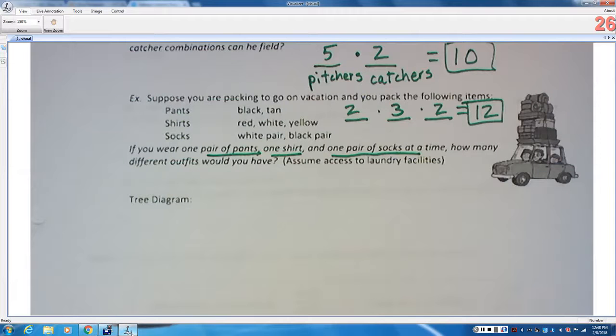So, let me show you a tree diagram. A tree diagram is another way to figure out all the possible outcomes in simple events.